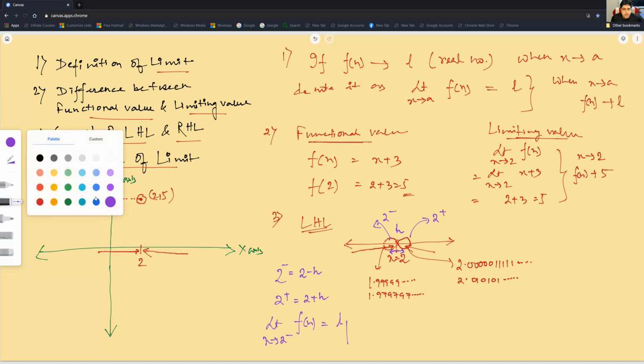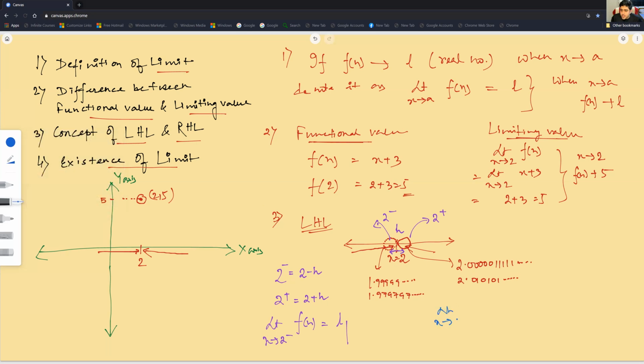And let's say limit x tends to 2 plus on that function f of x, you will get a value approaching, that is L2.